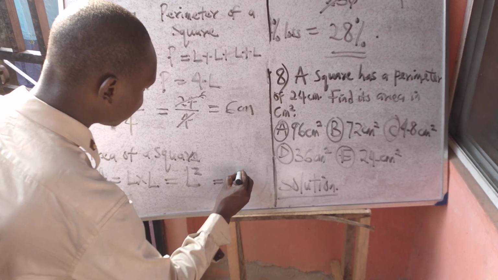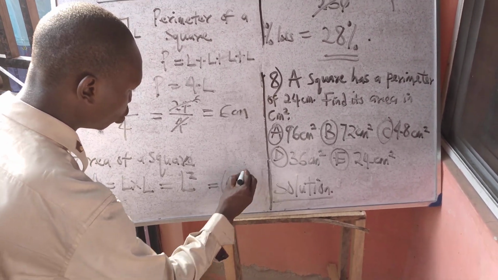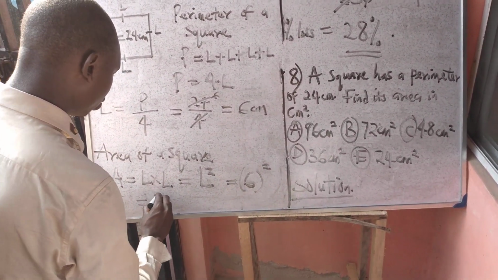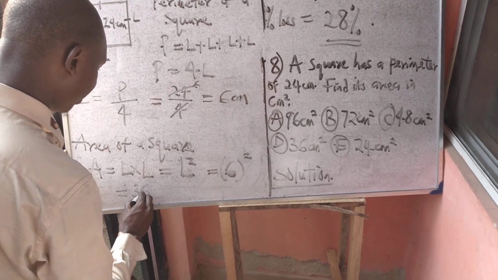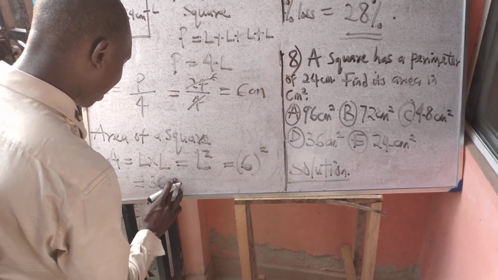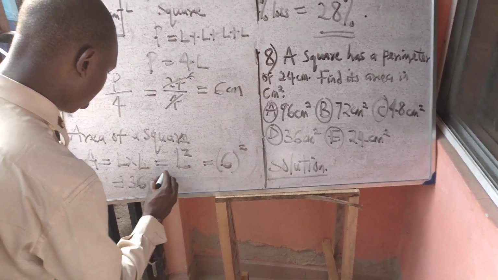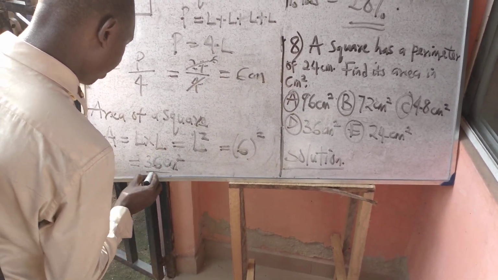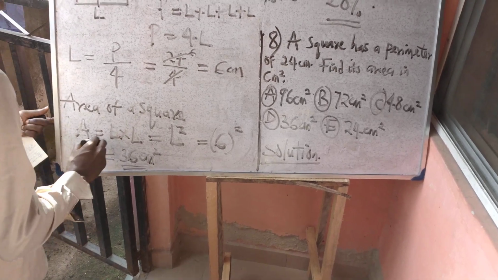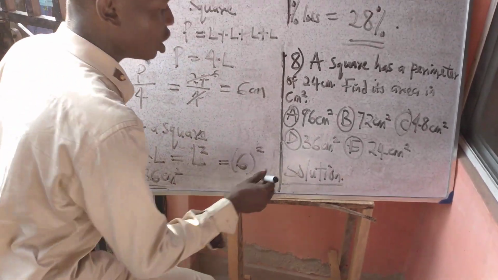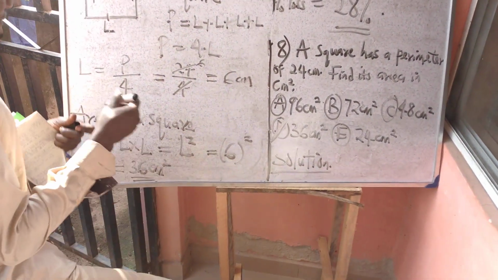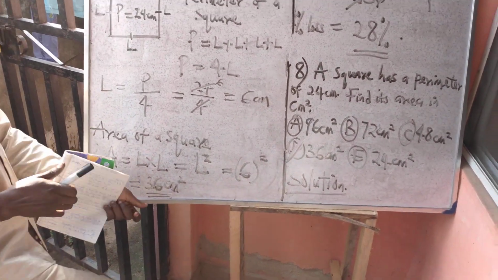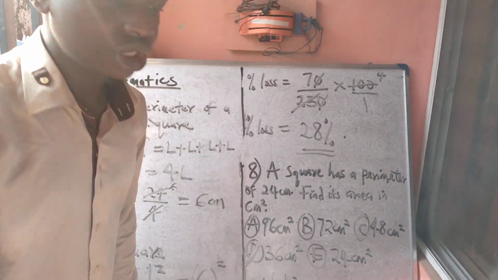That means this is 6 raised to power 2, and 6 raised to power 2 is 36. So the area there is 36 centimeter square. The area of that square is 36 cm square. Option D is the answer, 36 centimeter square.